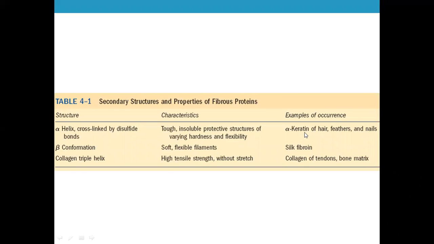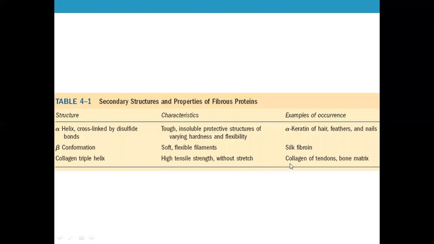Of course, it depends on the keratin, whether it's in your nails, horns, or feathers; the hardness will vary. What makes up your keratin are mostly alpha helix structures, and from time to time there are disulfide bonds.